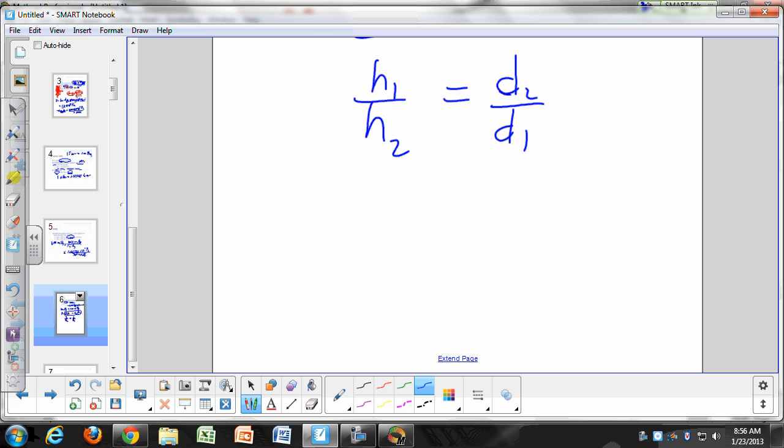Okay. You can see that H1 D1 equals H2 D2. You've seen an equation similar to this before when you did Boyle's Law, P1 V1 equals P2 V2. One goes up, the other one goes down. Right? If you're dealing with the same pressure, height times density, we say would be inversely proportional.